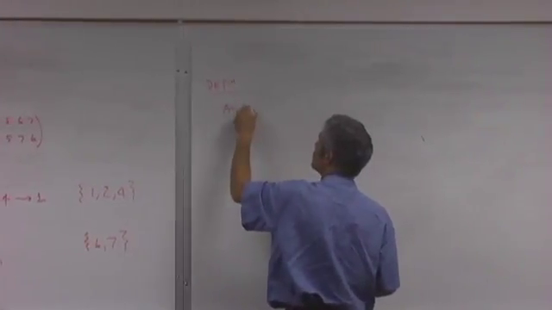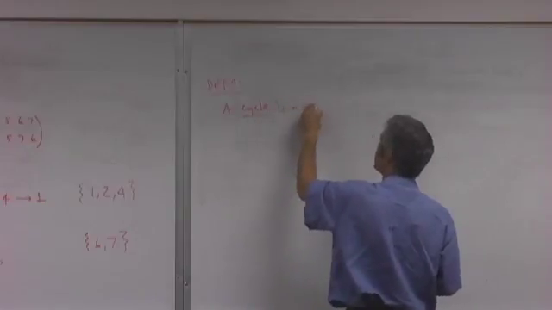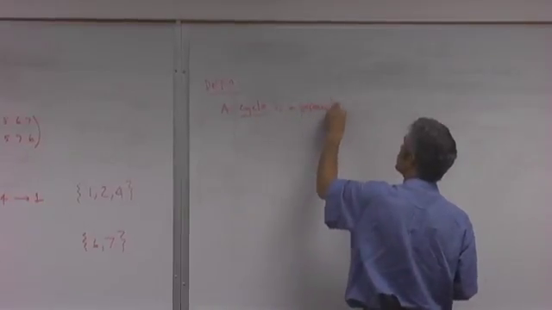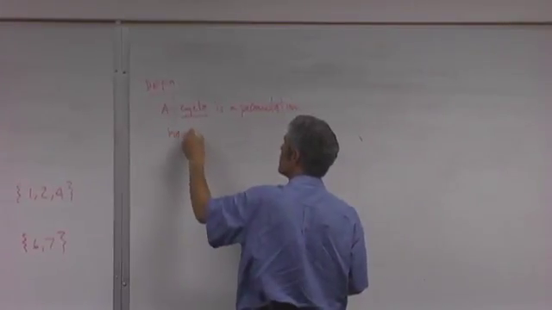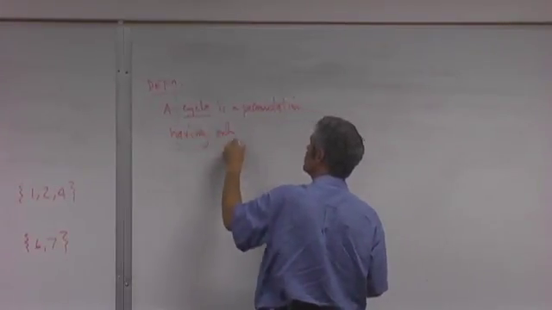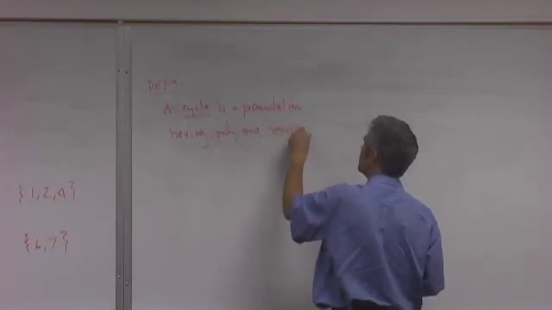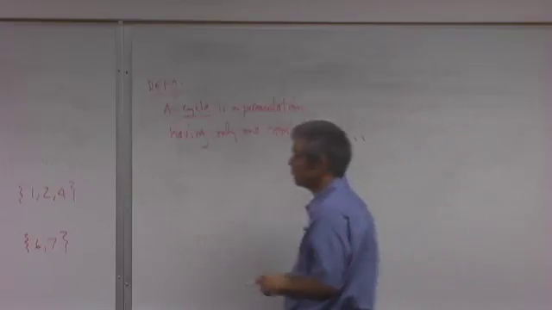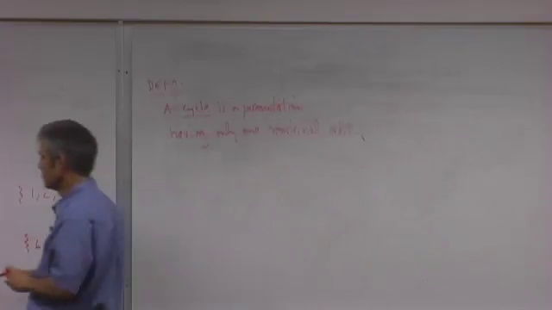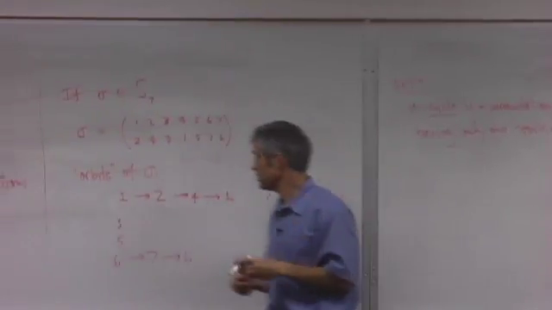A cycle is a permutation, a special type of permutation having only one non-trivial orbit. This is a trivial orbit, just 3 sitting by itself. It's no big deal. 5 sitting by itself.